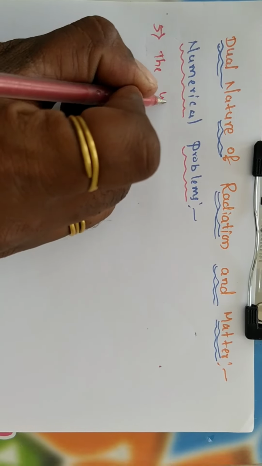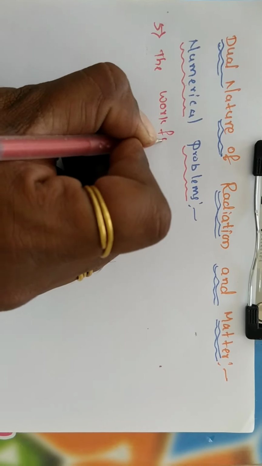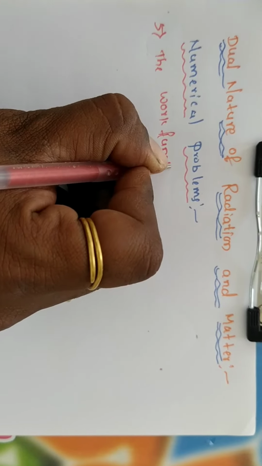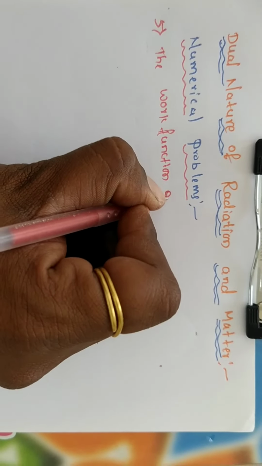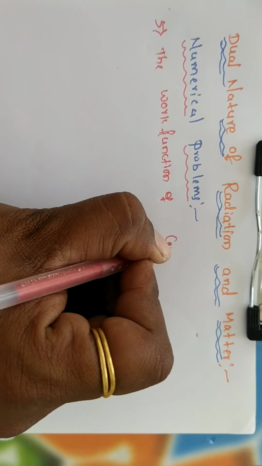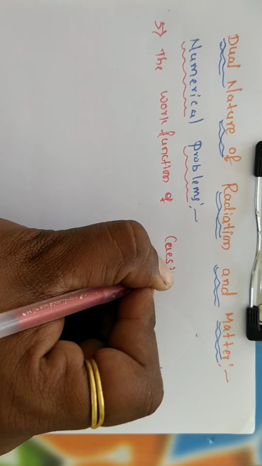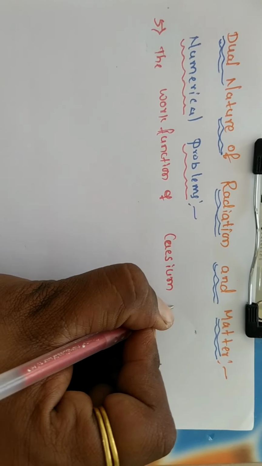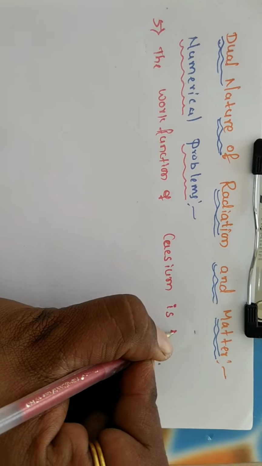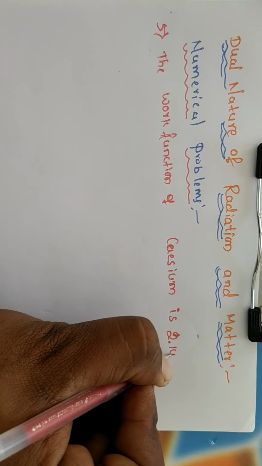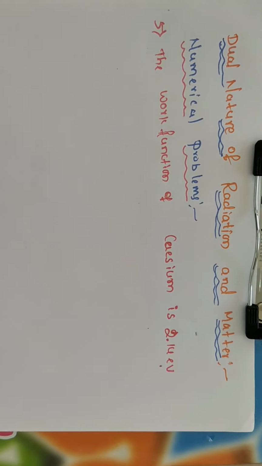The work function of a cesium is 2.14 electron volt. Okay, this one is the work function of a cesium.